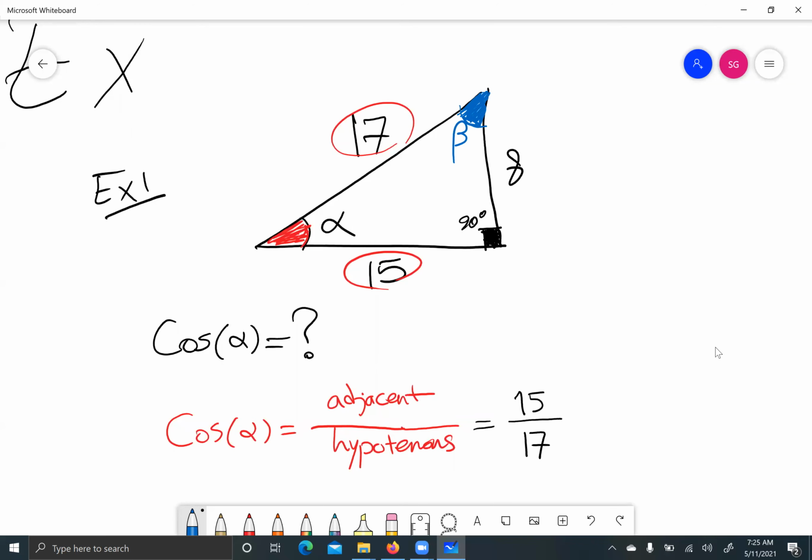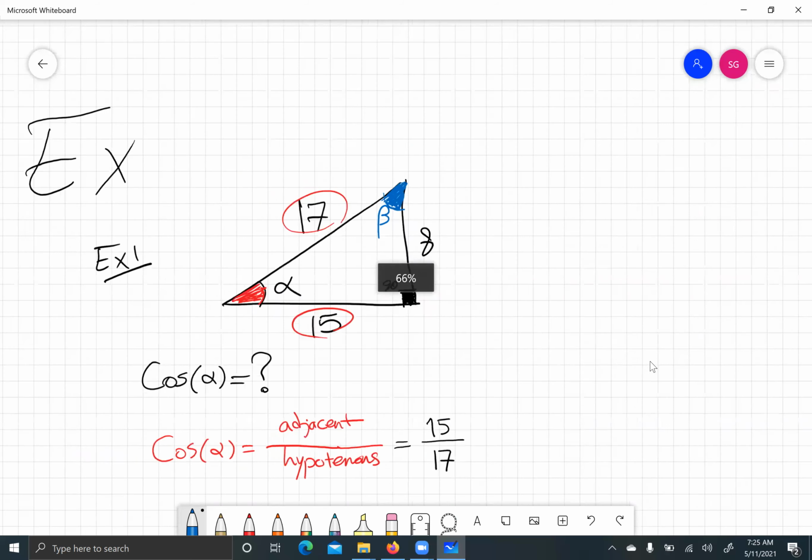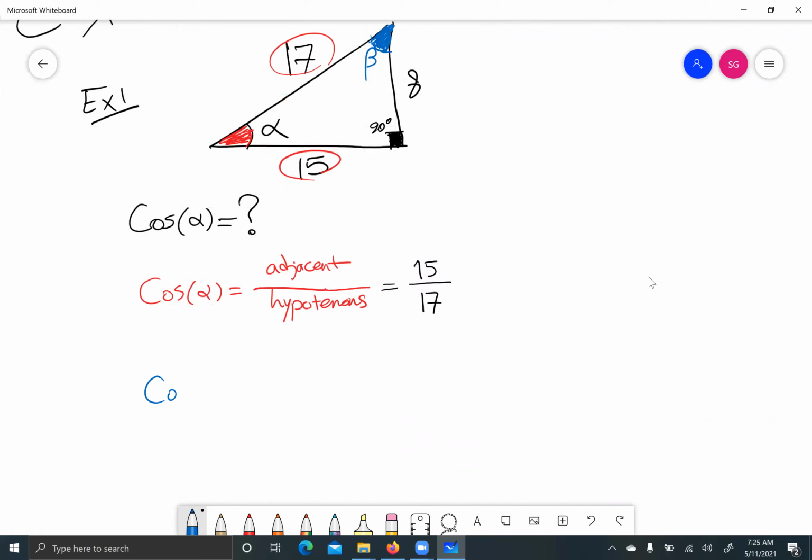So for example, let's say you want to find cosine of beta. Yes, cosine is still adjacent over hypotenuse, but adjacent for this angle.